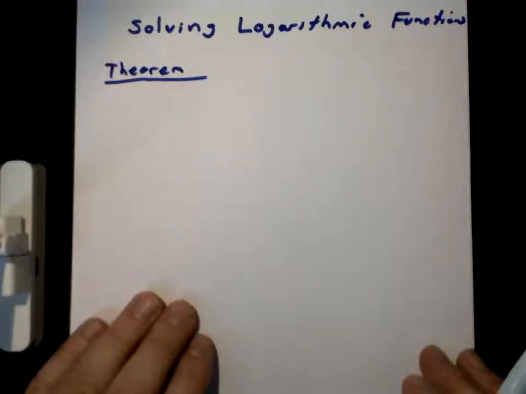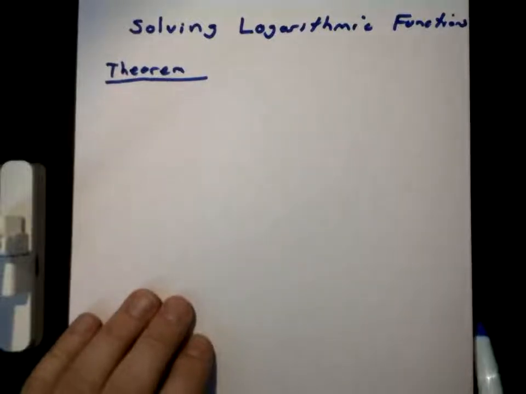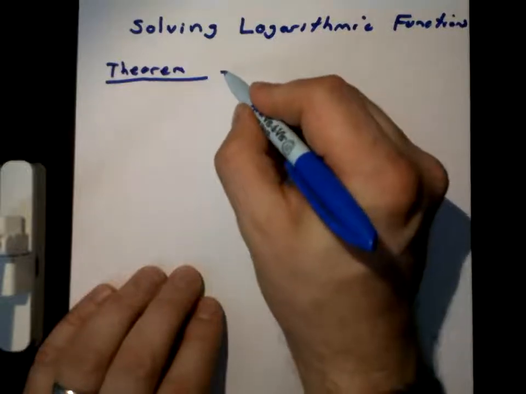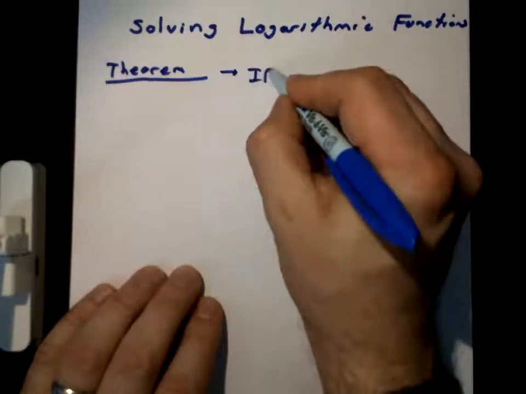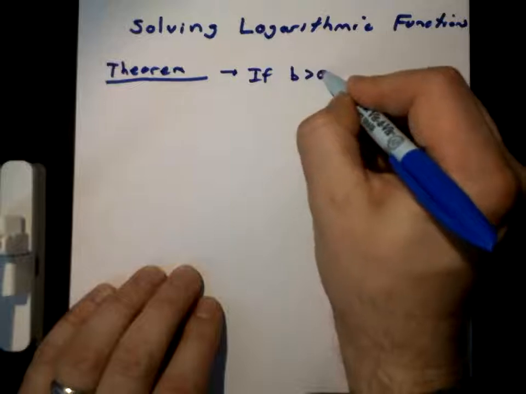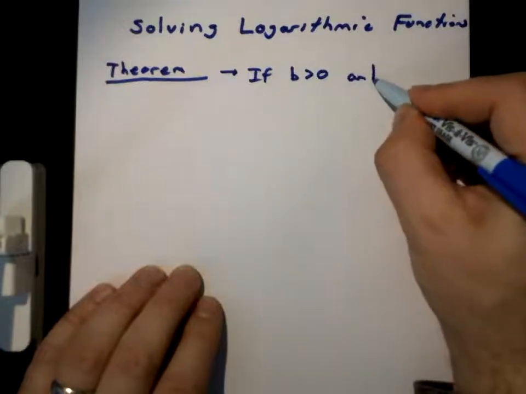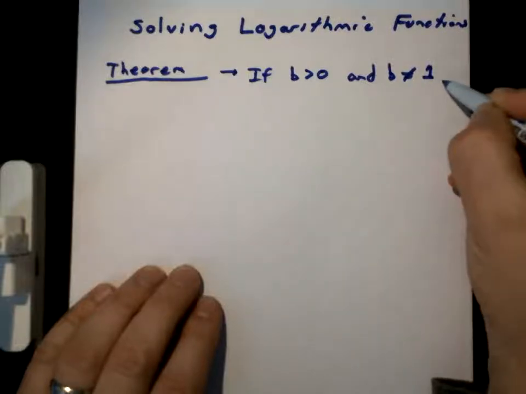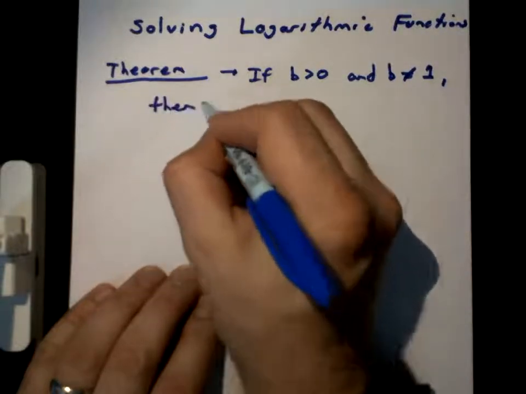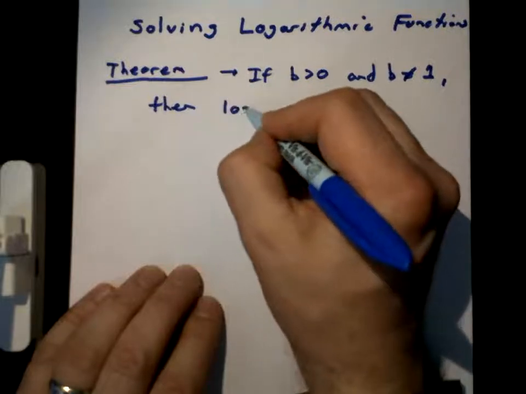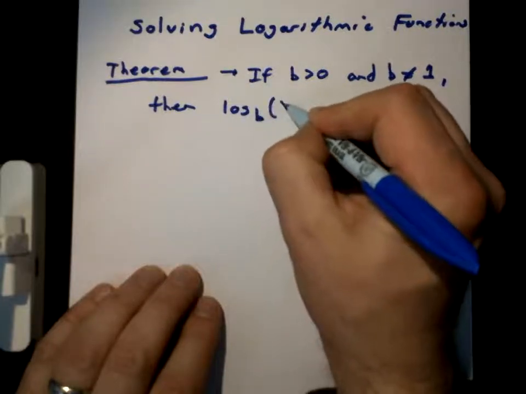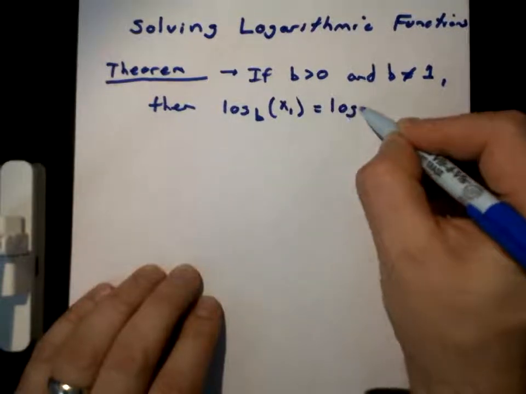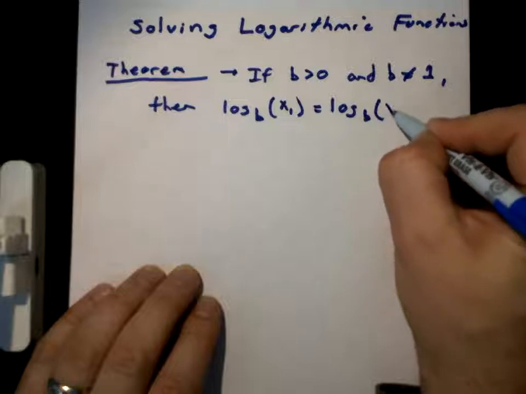So we're going to look at solving logarithmic functions. And so here's kind of what we know already. We are trying to say, okay, well, if b is greater than 0 and b is not equal to 1, then the log base b of, let's say, some x1 is equal to some log base b of x sub 2.